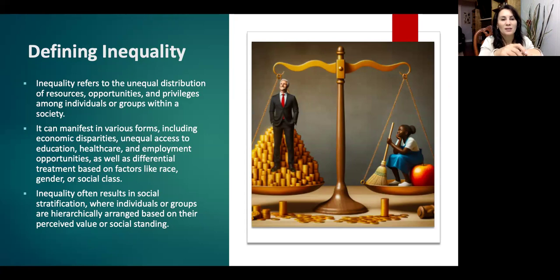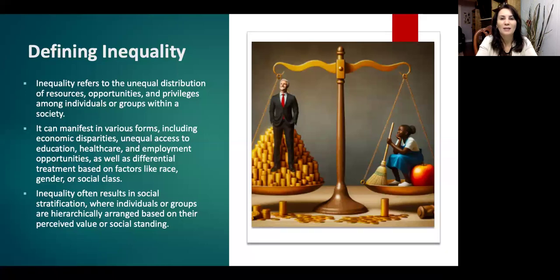It can manifest in various forms, including economic disparities, unequal access to education, healthcare, and employment opportunities, as well as differential treatment based on factors like race, gender, or social class. So inequality often results in social stratification, where individuals or groups are hierarchically arranged based on perceived value and social standing.